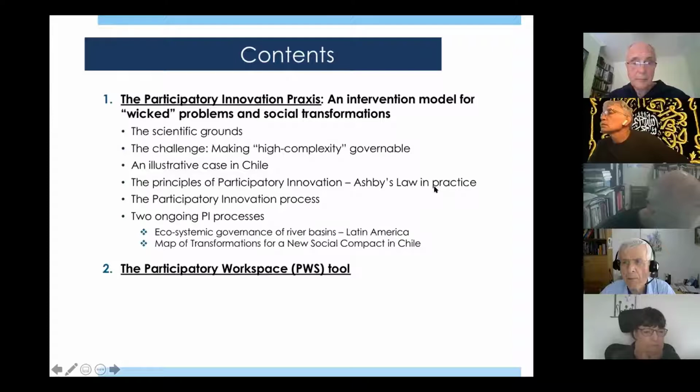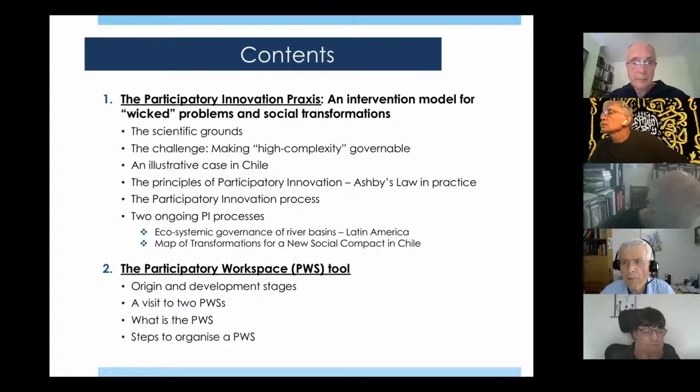This tool I will show is a part of this broader thing that is the participatory innovation praxis, which is an intervention model. I will do this for the following reason. I think you may be interested in the praxis, and an application of the praxis takes time.